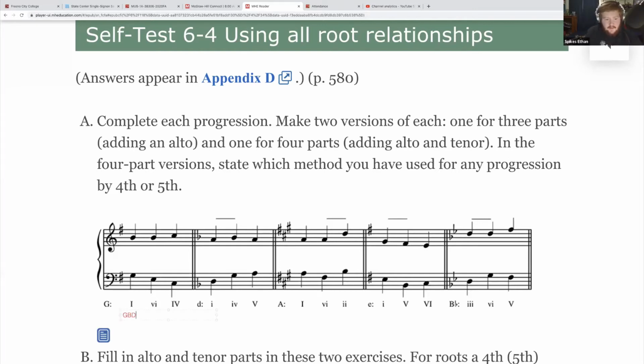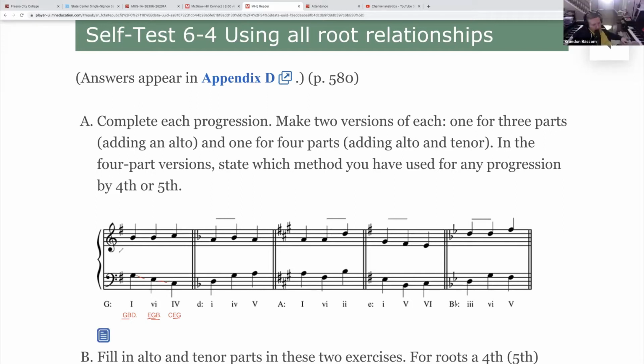G and B for the first chord, or GBD, going to E, G, B, going to the C, 6. E, G. There we go. All right, so we can see that we have two common tones between the first two chords and two common tones between the next two chords. Our bass moves by third and third, so we have two common tones.